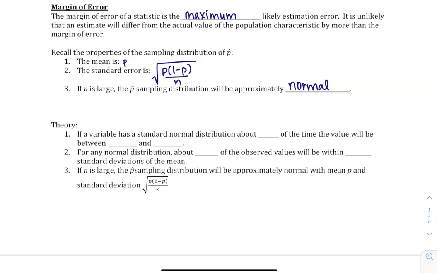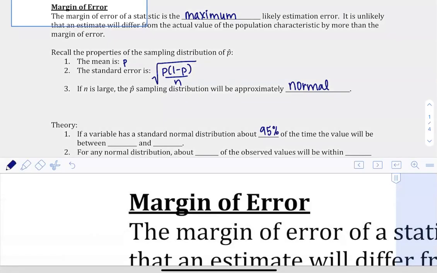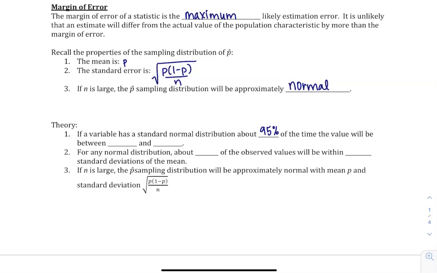Go back to chapter 6, where we learned that if a variable has a standard normal distribution, then about 95% of the time the value will be between negative 1.96 and 1.96. If you remember, we did that in chapter 6.